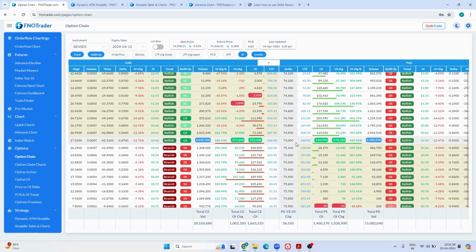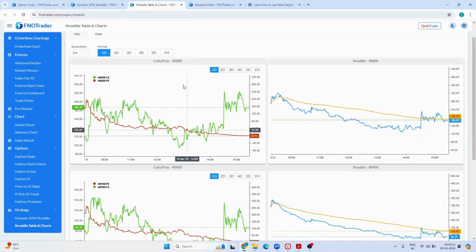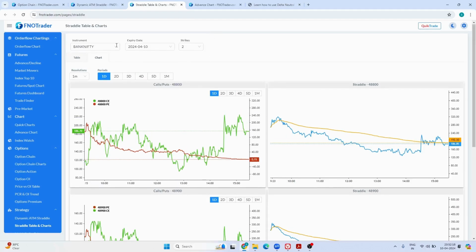Then you combine them both and plot them from the start of the day to the end of the day, every second. We talked about static prices. Let's look at what a static straddle is. You take the strike price of each of them. For example, this is Bank Nifty today's data.